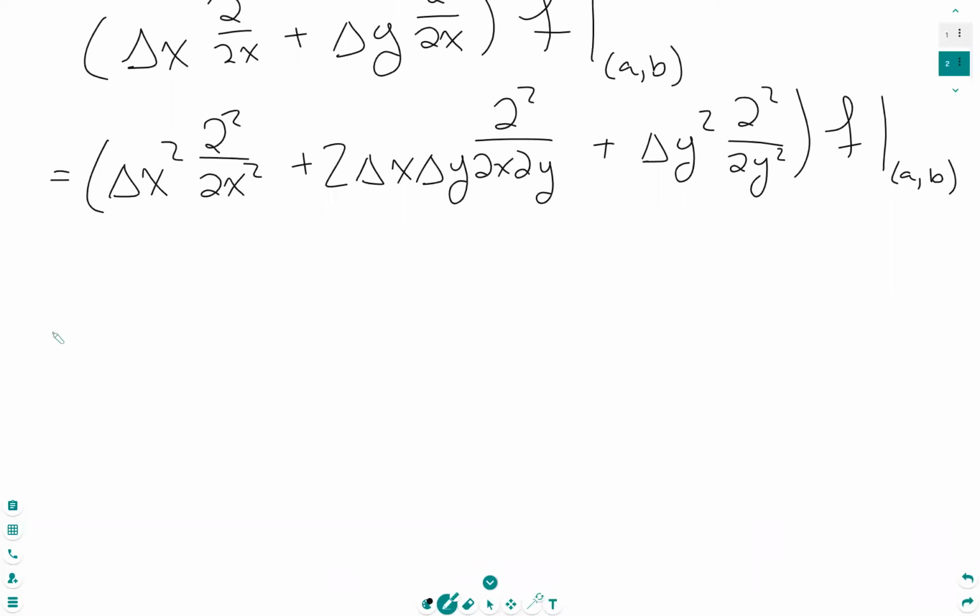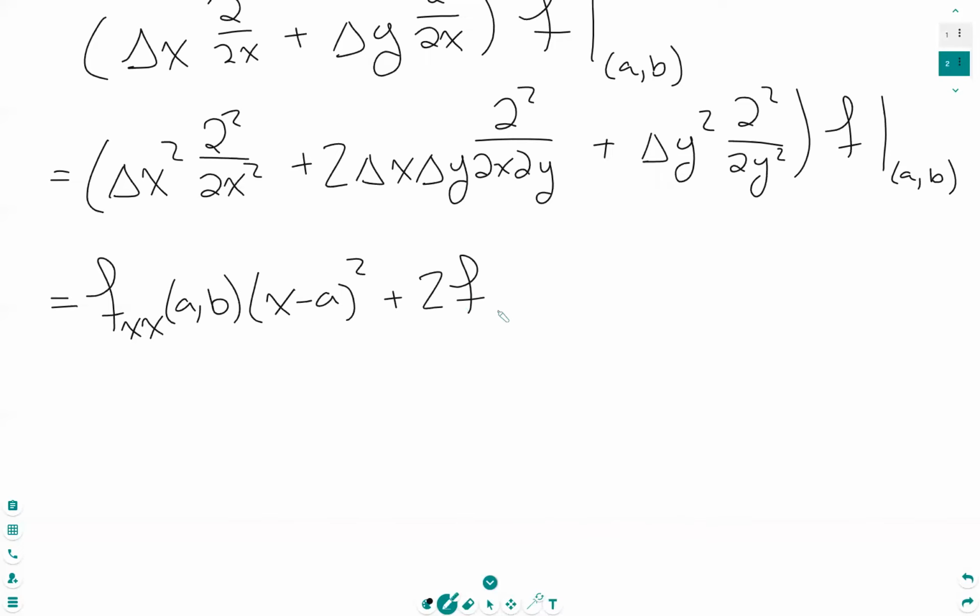Okay, so let's go ahead and apply that. I get the second derivative of f at a, b times this delta x squared, which is x minus a squared. Then I get plus 2 times f xy or yx, depending on how you orient this term.